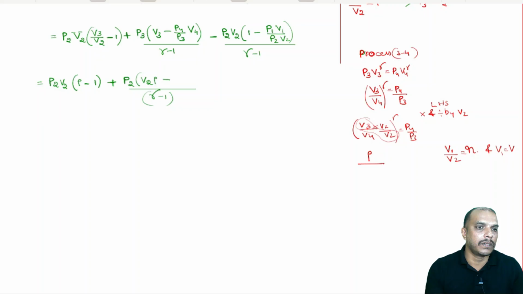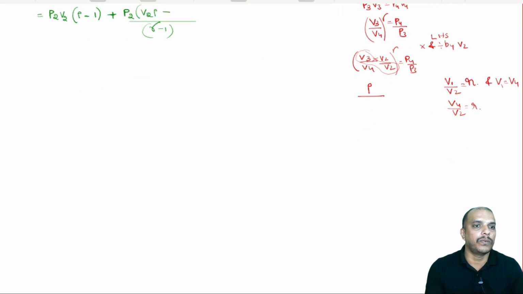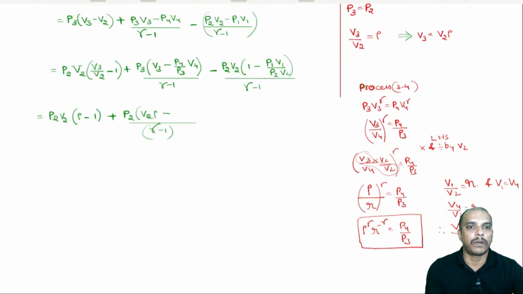So, I can write that V4 by V2 is equal to R, therefore V2 by V4 is equal to 1 by R. So, straight away whenever we encounter V3 by V4, we can write rho by R. So, rho by R to the power gamma is P4 by P3, or we can say rho power gamma and R power minus gamma. This is also correct. I have just taken it to the numerator. So, P4 by P3 can be written as rho power gamma and R power minus gamma.